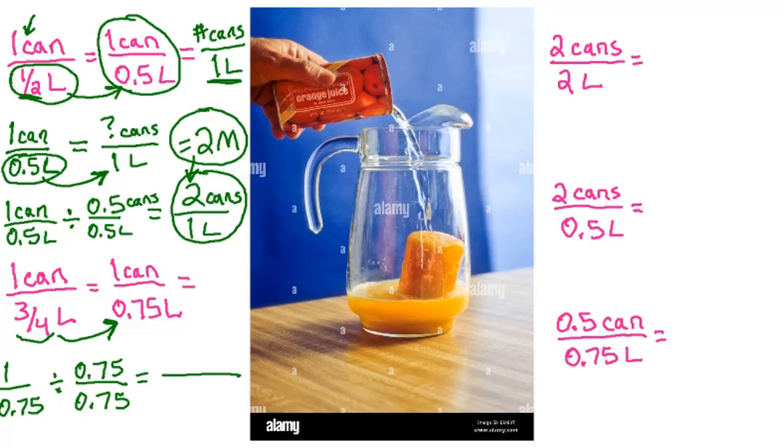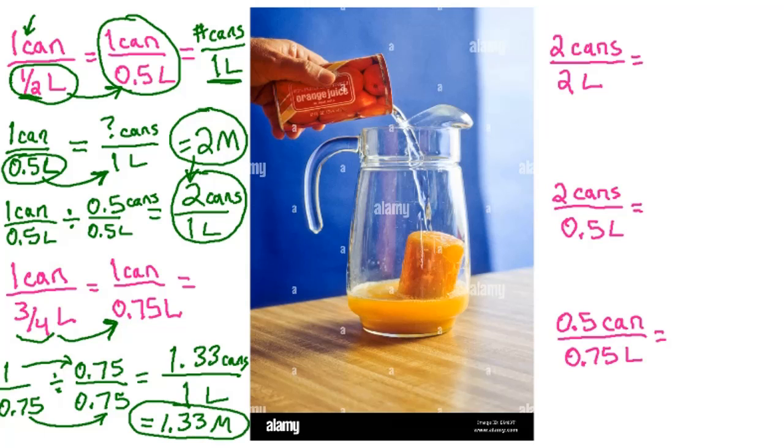Let's do the bottom first. 0.75 divided by 0.75 is 1. So now we have 1 liter. And 1 can divided by 0.75 is going to be 1.33 cans. So 1.33 cans for every 1 liter of water gives us a molarity of 1.33.